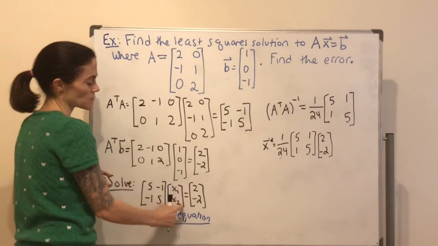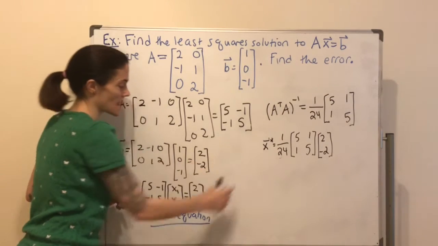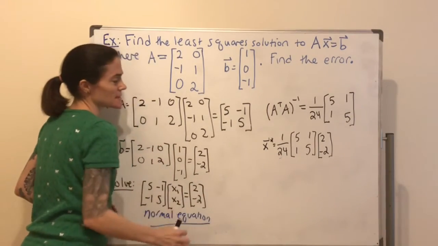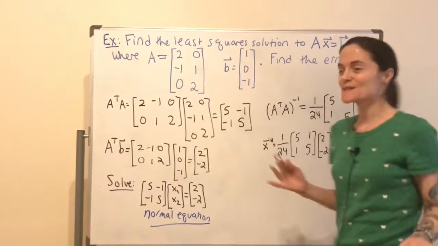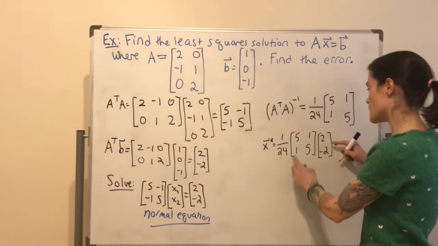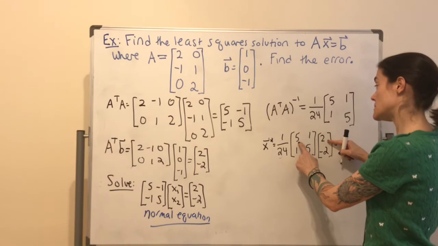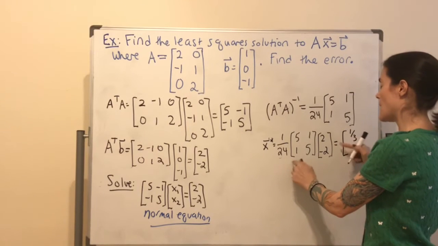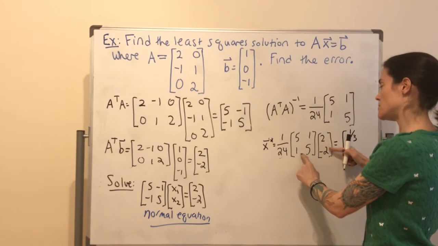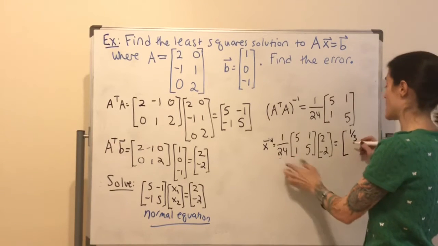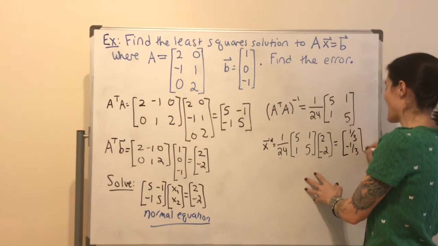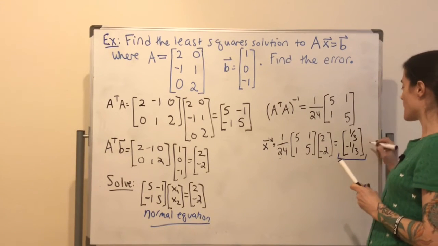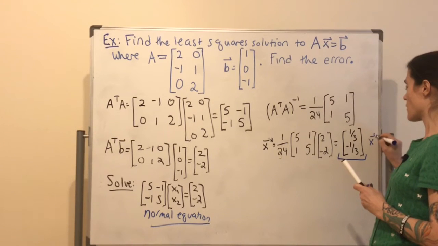And here I just get x1, x2, and over here I get A transpose A inverse, this matrix, times this vector. And this is my least squares solution. Now what is this? Well, I have 10 minus 2, which is 8 over 24, a third. And then I have 2 minus 10, negative 8 over 24, negative a third. Okay, this is the least squares solution. Here, I'll even put another label, star.